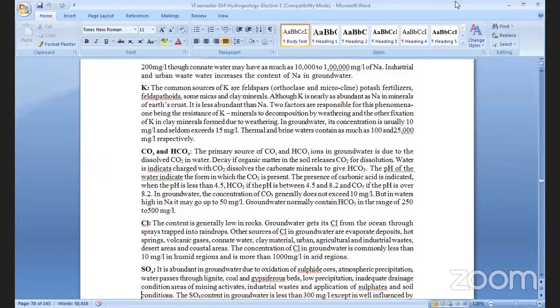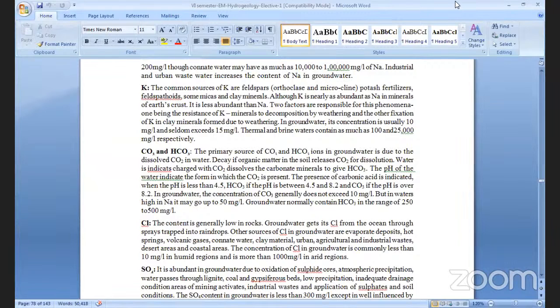Carbonates and bicarbonates. The primary source of carbonates and bicarbonates is HCO3 ions in groundwater, due to dissolution of CO2 in water. It comes from the decaying of organic matter and organic soil materials, which releases CO2 into the water, and indicates water charged with CO2 dissolving carbonate minerals to give HCO3.